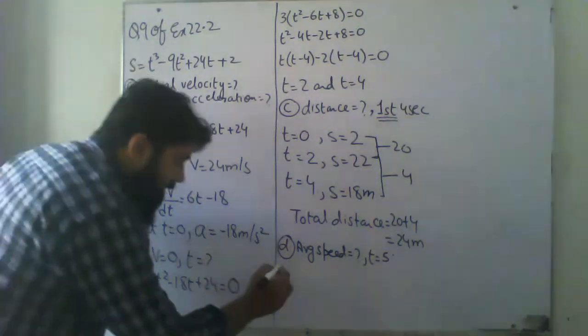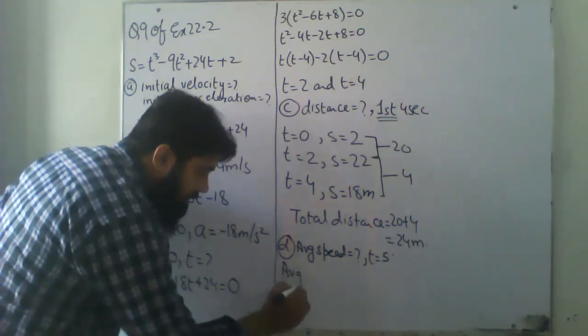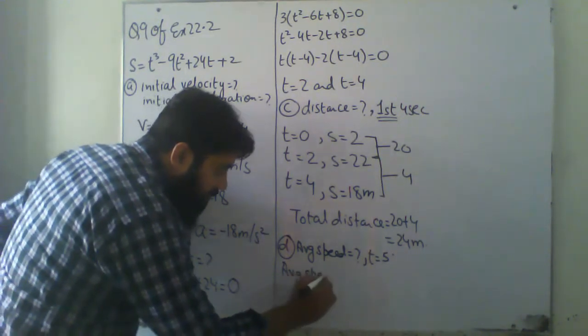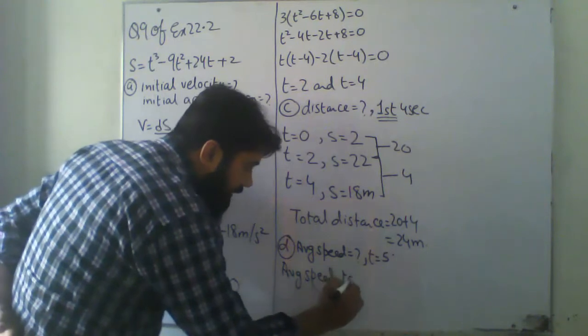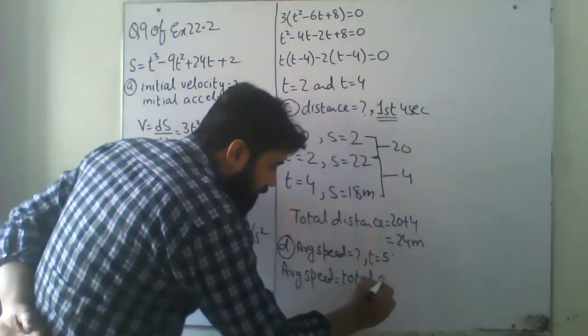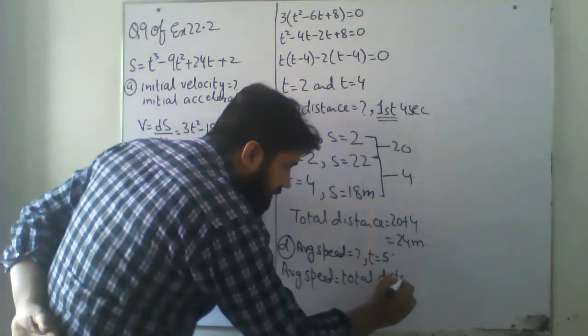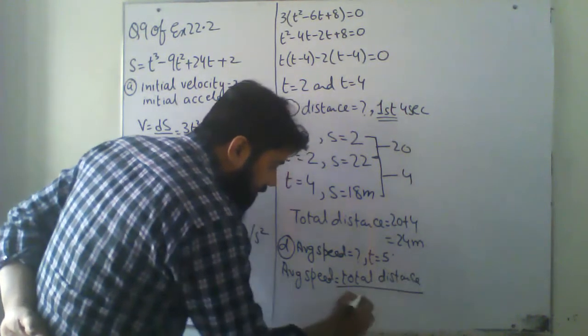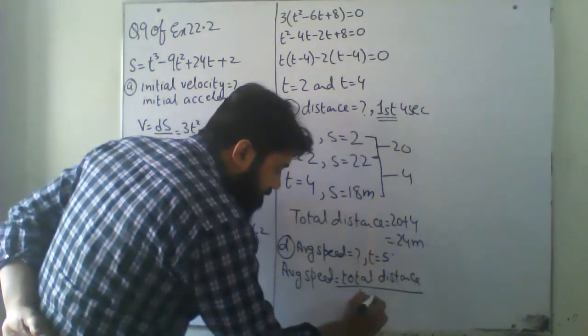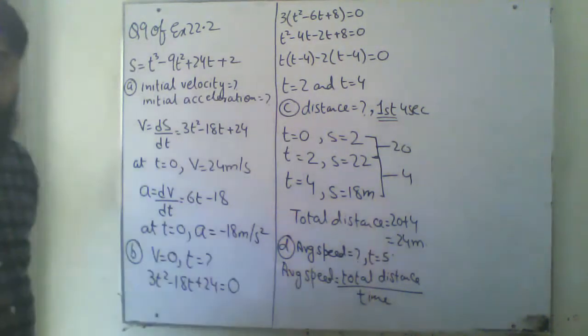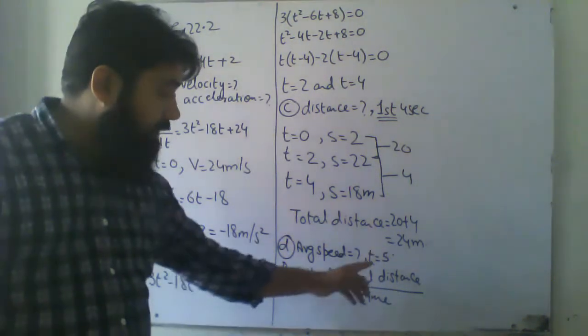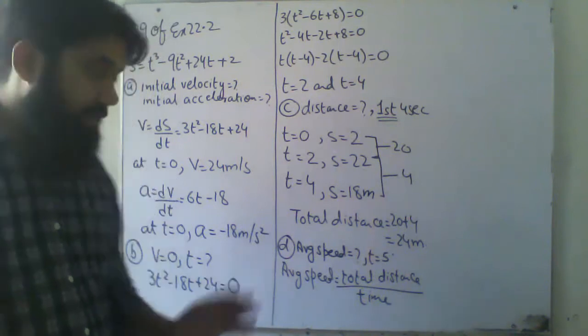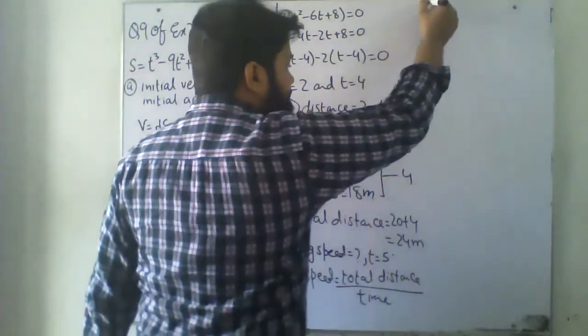So average speed, I know the formula is average speed equals to total distance over time. Okay. So now again, I have to find total distance in first 5 seconds. So how will you do it?